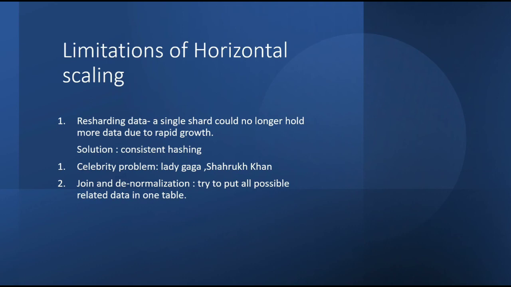The second problem is the celebrity problem. As we know, we are using a hash function, and according to that hash function we are putting data into shards. Suppose there are celebrities like Lady Gaga, Shah Rukh Khan, Salman Khan. For those, our hash function will be giving a unique ID, so all data regarding those celebrities will be put into one shard, and that particular server which is holding that shard will be getting full due to this celebrity.